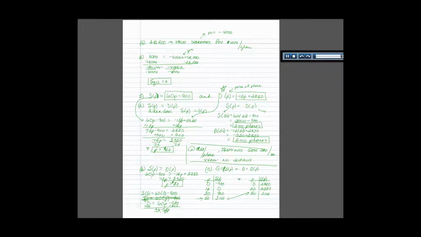So on your coordinate grid, which is just an enlarged quadrant 1, I put the price here, and then I'm going to do 2 graphs: S of P, the supply, what's supplied, and then D of P on the same graph.